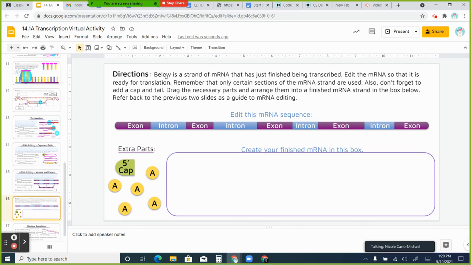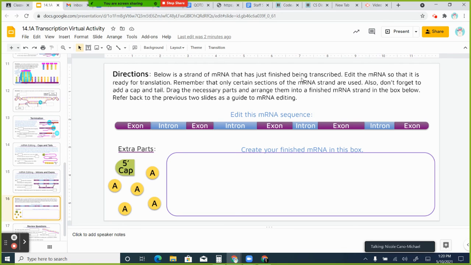Slide number 16 says, below is a strand of mRNA that has just finished being transcribed. Remember, transcription is the process by which we create a copy of the DNA sequence for the gene. We are calling that, making the mRNA, the original transcription. Now, we have to edit the mRNA so that it's ready for translation, which is step 2 of protein synthesis.